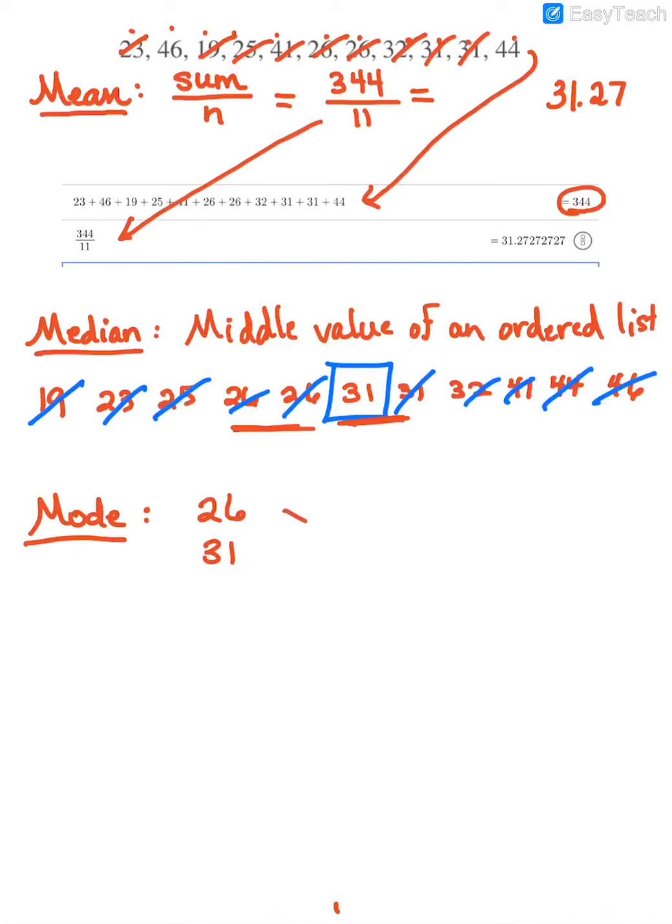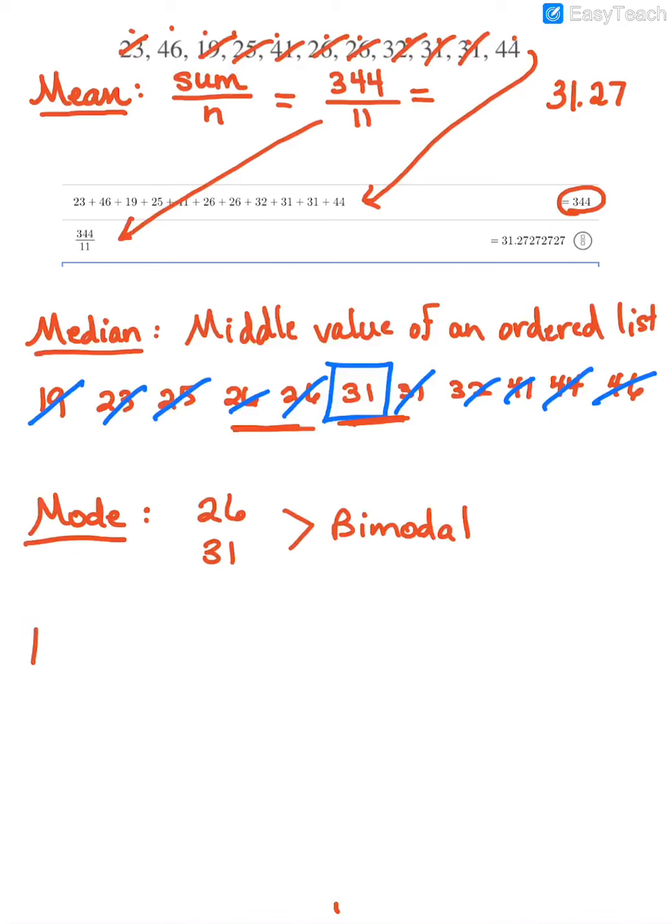So in this case, we're going to call that bimodal, meaning there are two modes. Unimodal would say you only had one mode, so there's one number that occurs more than others. If none of them occur more than others, then you have no mode. You can have more than two modes, but two would be bimodal.